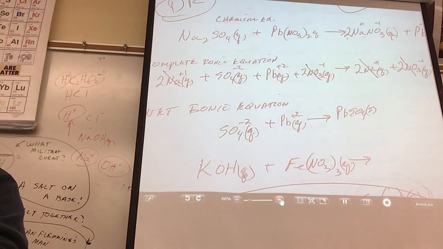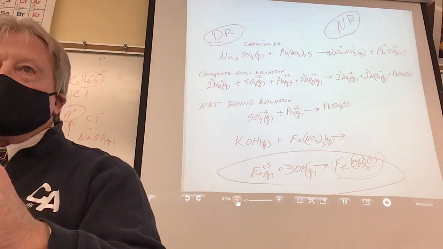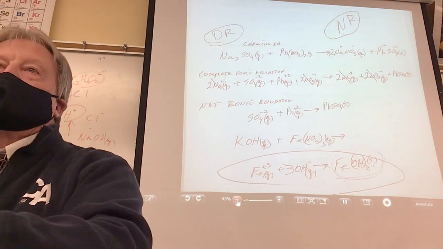What's NR mean? No reaction. You can put these chemicals together and nothing is going to happen. Last chapter, you would have written it down, balanced it, and said, yeah, it's going to happen. Guess what? It's not going to happen.